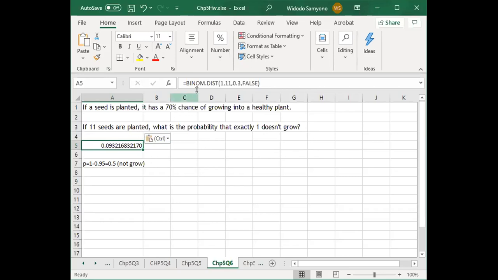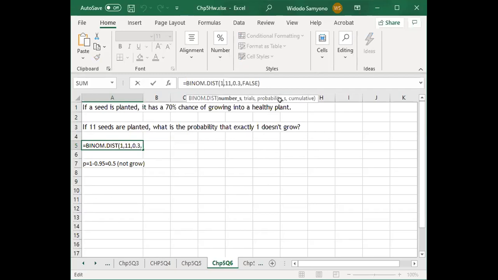So this is a binomial distribution, and you need to use this formula here. You're looking for the probability of exactly 1, so you put 1 there. If, for example, it's exactly 2, you put 2 there. If you have 4, you put 4 there.